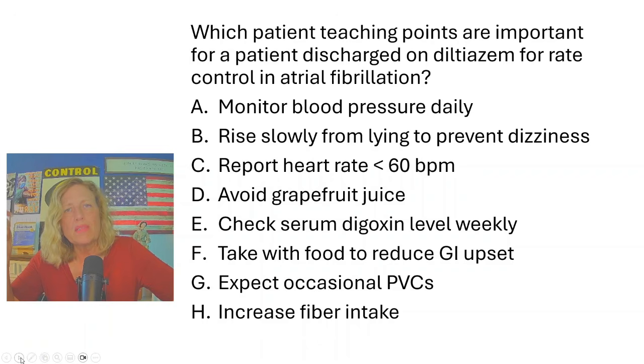So diltiazem is a calcium channel blocker, specifically blocks the calcium channels in the heart to slow rate. It blocks the conduction through the AV node, which helps slow rate. The way it converts back into sinus rhythm is by blocking those same calcium channels. However, in this case they're still in AFib, so we're just slowing rate.